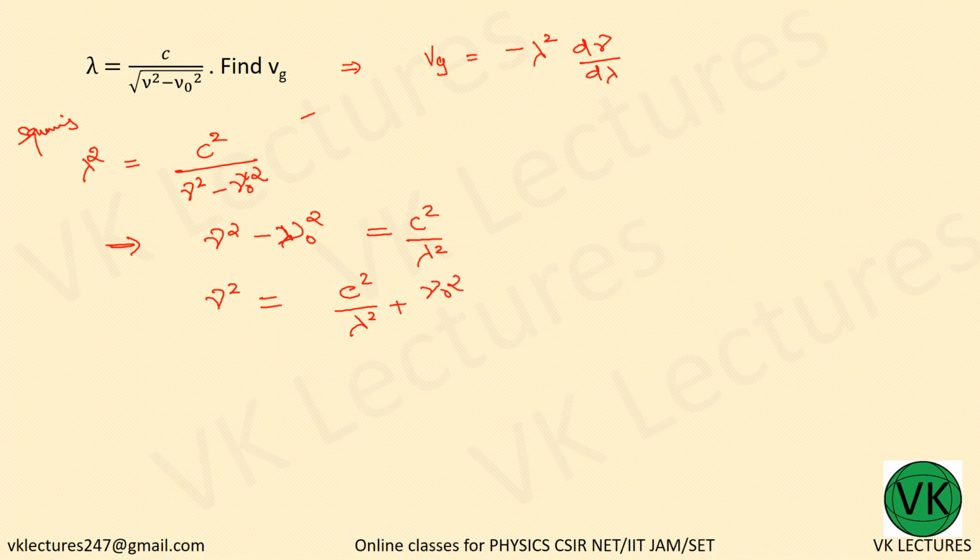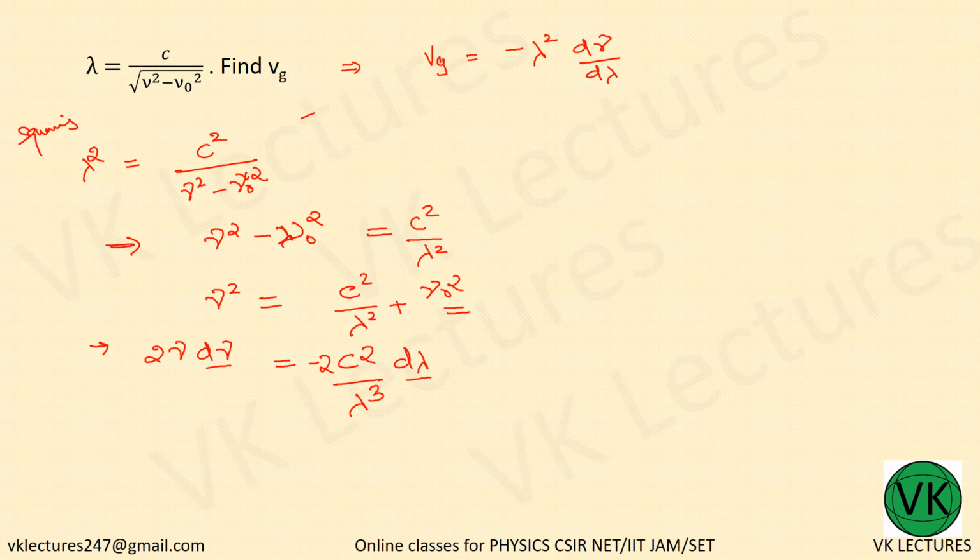Okay, leave this here. Now you can differentiate: 2 nu d nu. Differentiation of nu square is equal to c square times, this is lambda, so this is minus 2 divided by lambda cube, minus 2 lambda cube d lambda, and this nu naught is a constant that you can leave. Okay, now you need d nu by d lambda.